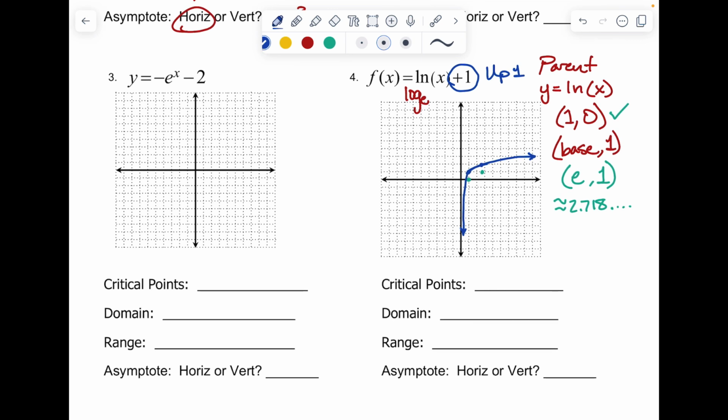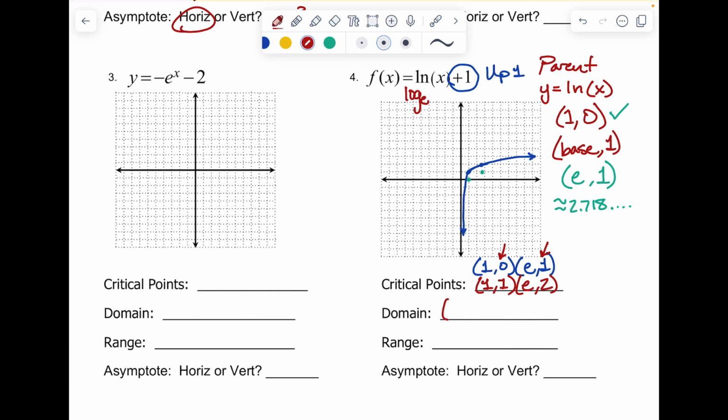Our critical points, like we said, of our original, they're (1, 0) and (e, 1). But all that's going to be bumped up 1, which is going to affect the y value. So it's going to now be (1, 1) and (e, 2).